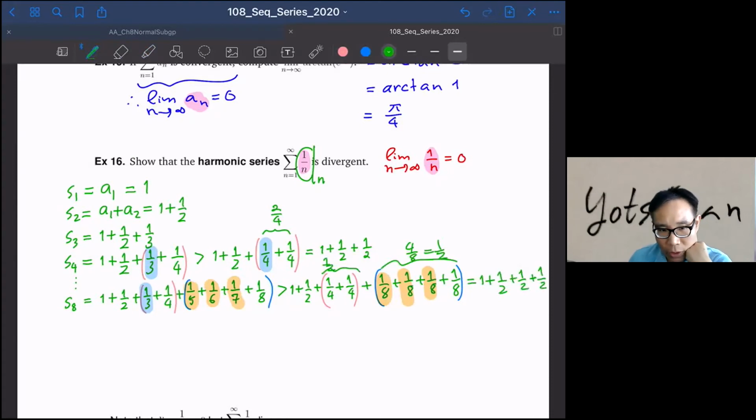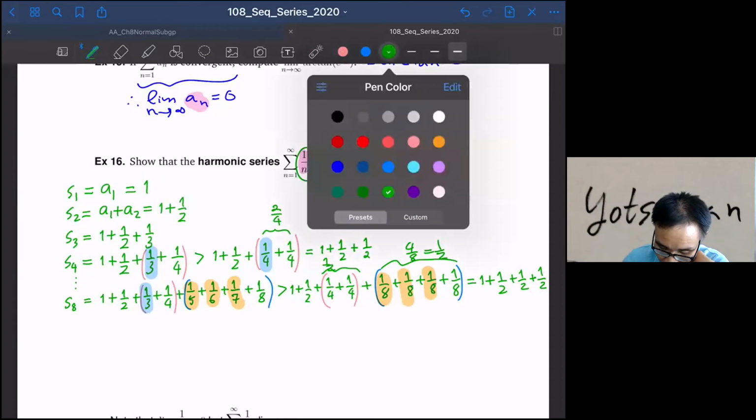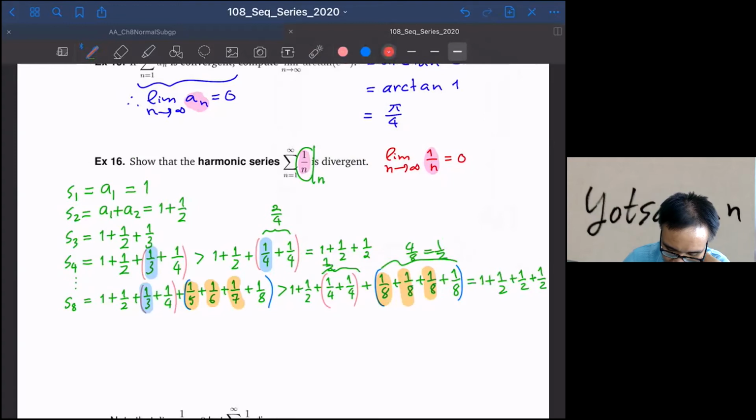What do we learn so far? We learned that this one is S2, you have 1/2, okay? And this one is S1, you have 1. And you have S4 and S8. If you look at this closely, this is S of 2 squared. This is going to be S of 2 to the third.